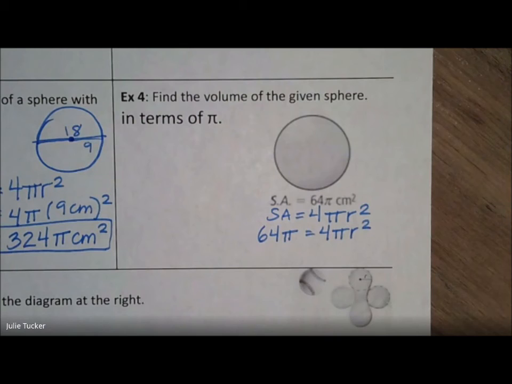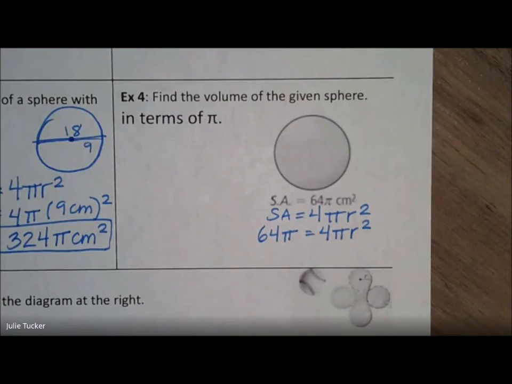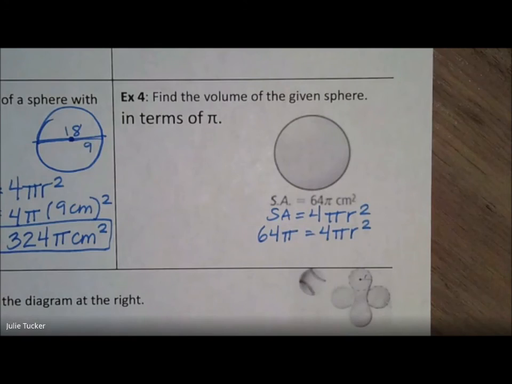Now what? Find the radius. So how do I get the radius by itself?